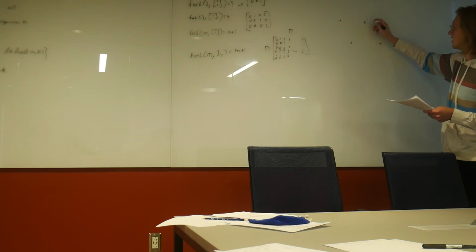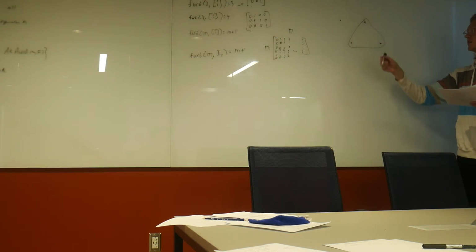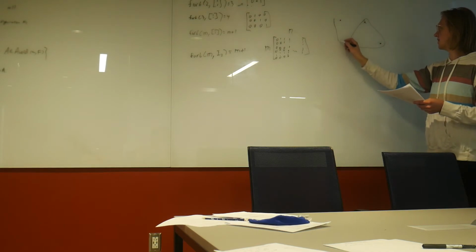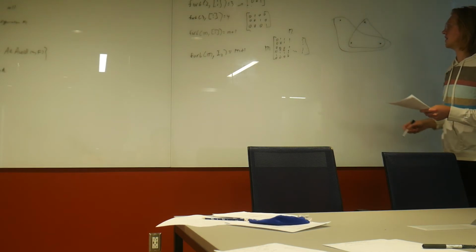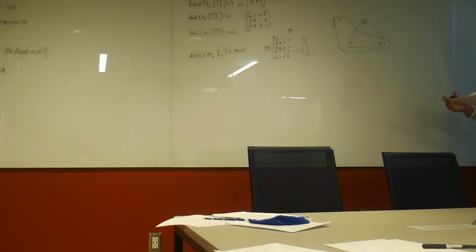So we might have an edge that somehow connects all 3 of these vertices. So this is an edge, and then maybe this is another edge. So we can connect an arbitrary number of vertices all together with one edge instead of just 2.